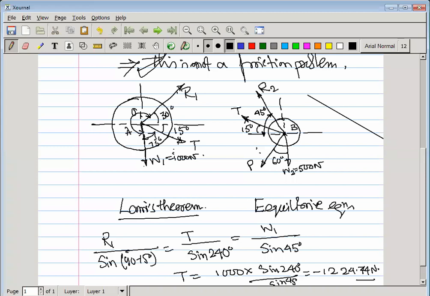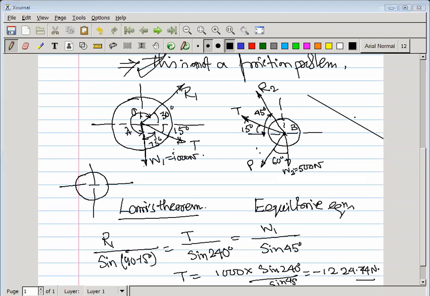We have taken the wrong direction. So what do we have to do now? We have to simply draw this diagram again. No need to calculate again, only for the free body diagram, because sometimes they ask the question to write the proper free body diagram. When they ask for a proper free body diagram, it means you have to draw like this.